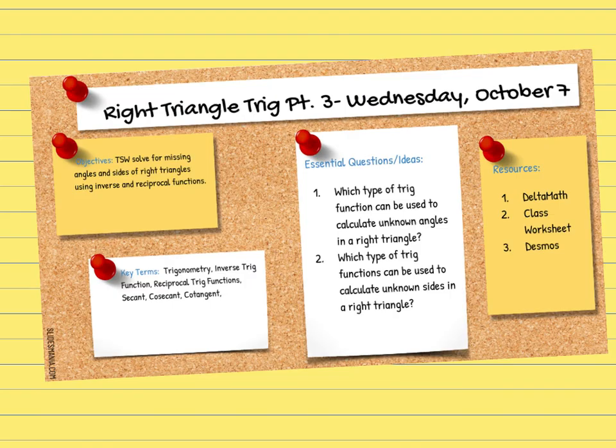So to recap today's lesson, what type of trig function can be used to calculate unknown angles in a triangle? Well, remember, when we don't know the angle, we know both sides, which means we have to use an inverse function. So anytime you're looking for the angle of a triangle, you always use an inverse trig function. It's either the sine, the cosine, or the tangent inverse, based on the original ratio given to you.